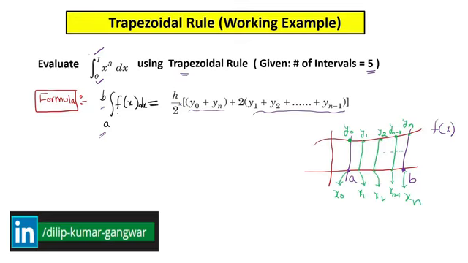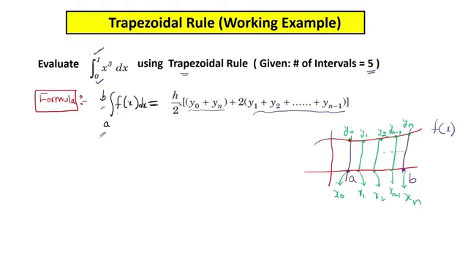The points on the x-axis are x0, x1, x2 and so on, and the values of the function at these points are called y0, y1, y2 and so on till yn. So we have to use these y0 to yn values and h in our formula to find the integration between a and b. Let's see how we will proceed.